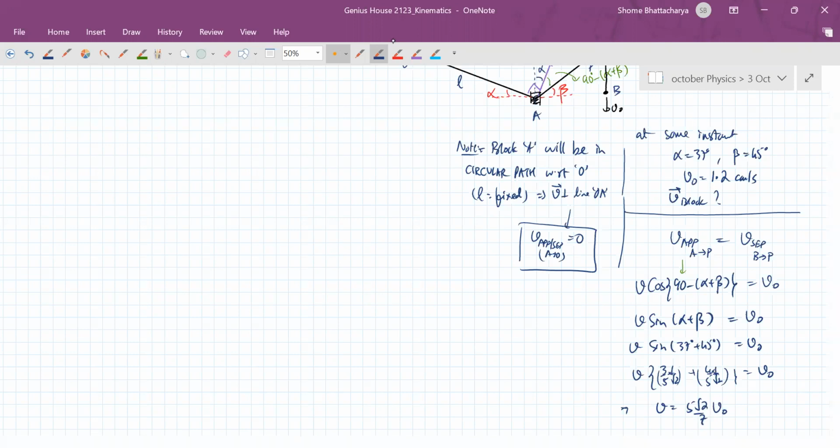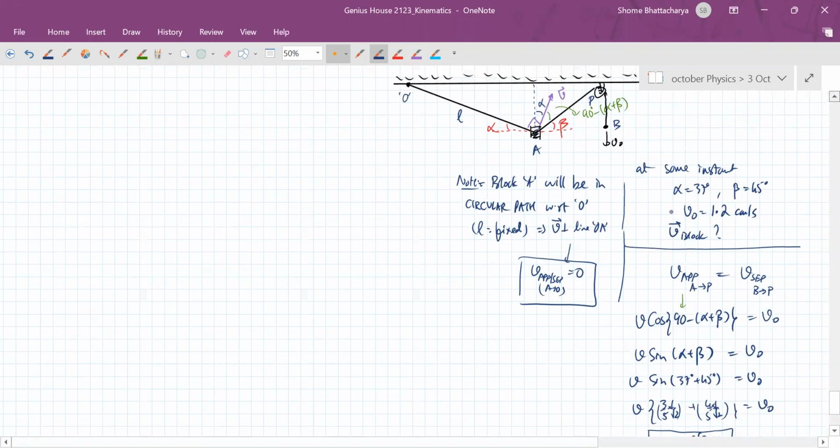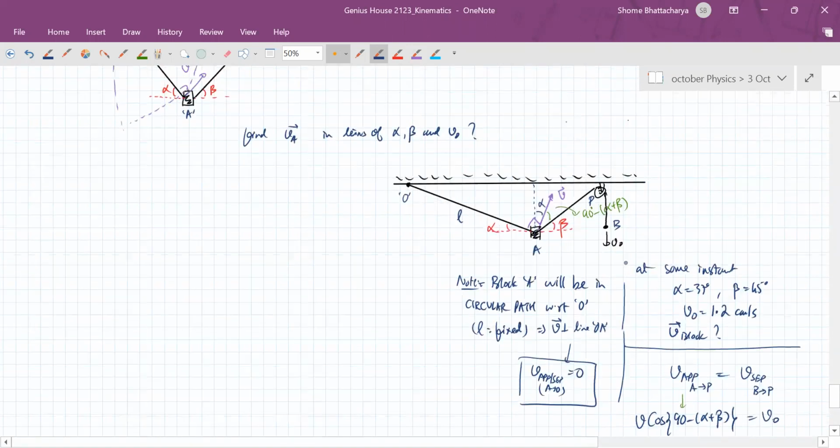Yes, Rijita, you have a doubt? Yes, sir. Basically we are equating the y components. No, beta, we are not equating the Y components. See what is happening now. Observe this line AP.